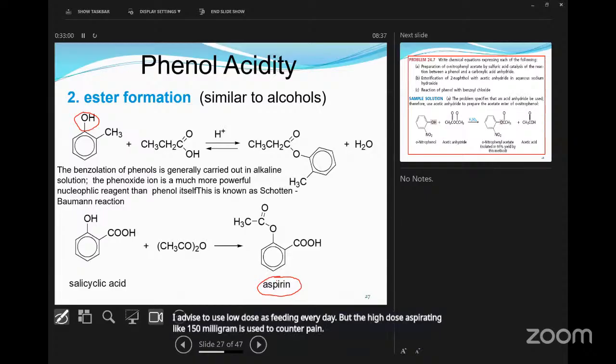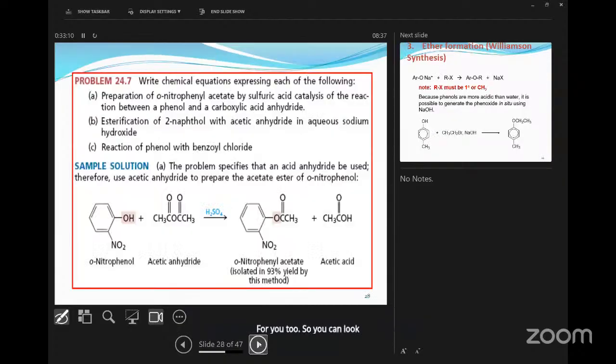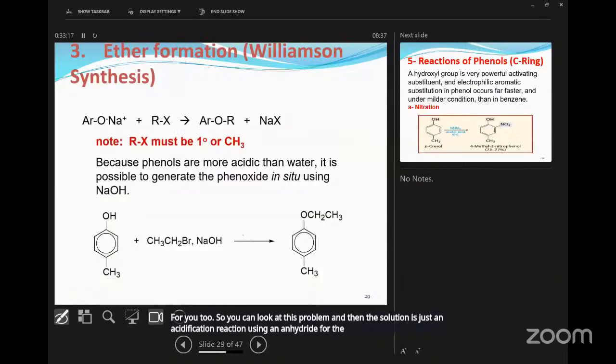It is a pain reducer. And so this is how it is prepared. It's just an esterification reaction for you to know. So you can look at this problem, and the solution is just an esterification reaction using an anhydride for the compound. Then we have ether formation.